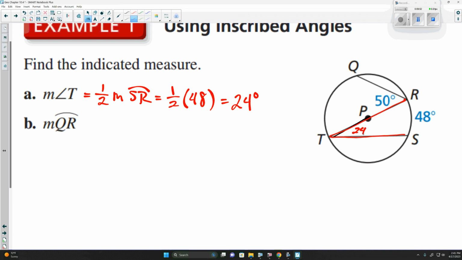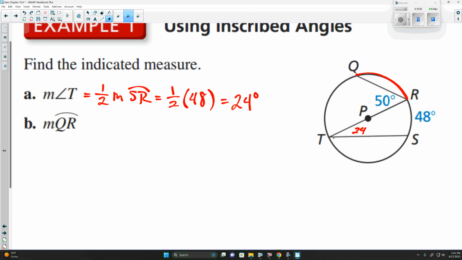So the measure of arc Q, so we're wanting QR, not QT. So QR, do we have an intercepted arc with it? Well, no, right? So, I'm going to erase this here. Now, what do I know about line TR? What is special about line TR or chord TR?